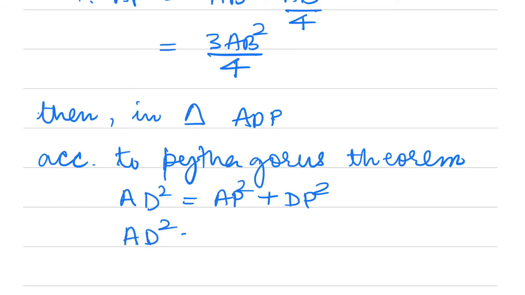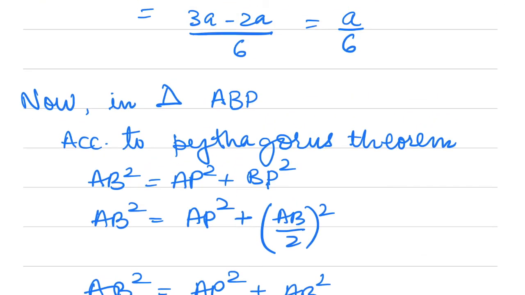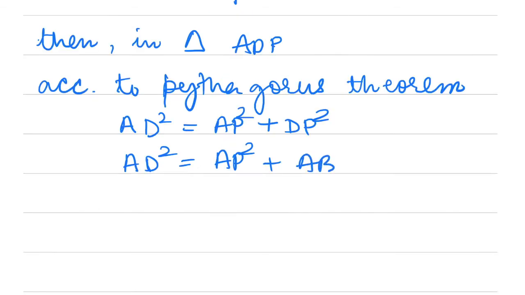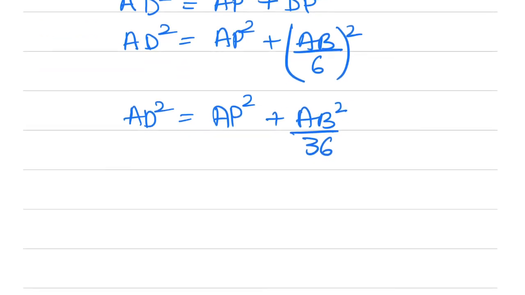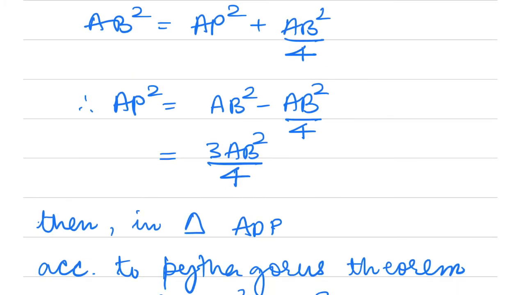AD square is equal to AP square plus, and DP we found out as A by 6, so (AB by 6) whole square. AD square is equal to AP square plus AB square by 36. We already found out AP here.